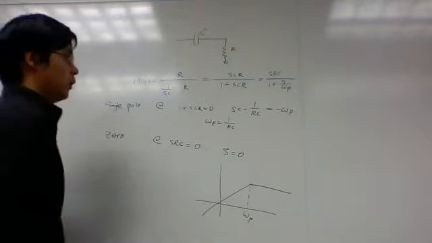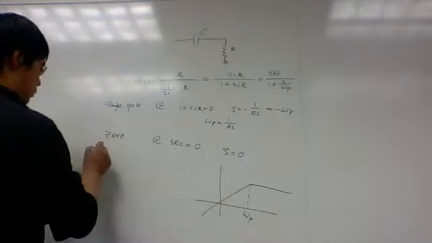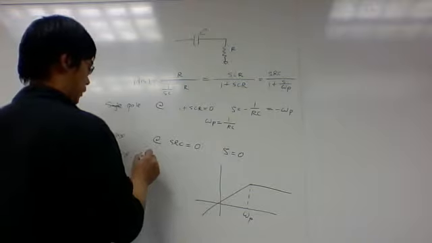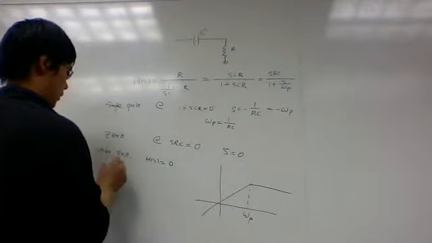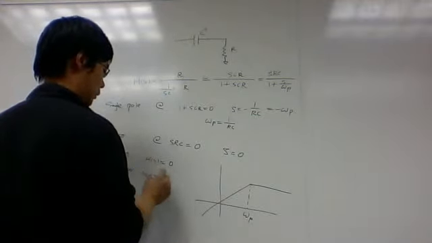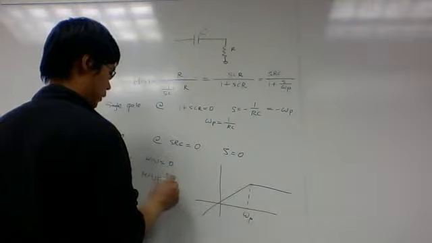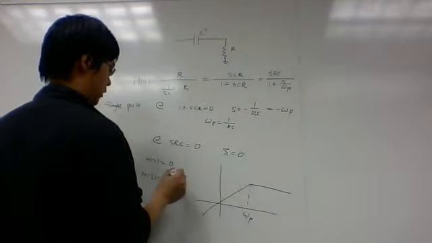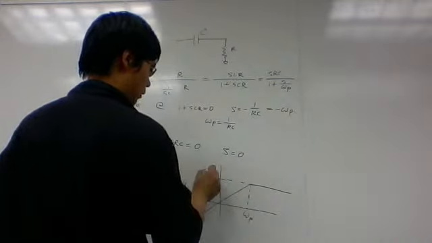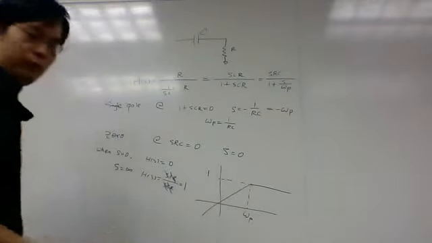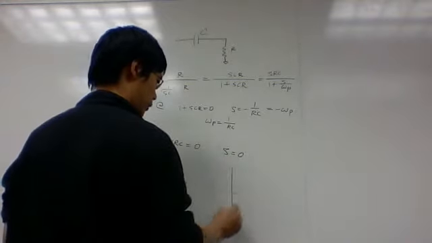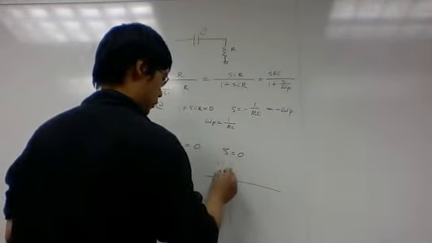When S is 0 or very small, the transfer function is 0, right? And when S is infinite, then you have H of S equal to SCR divided by SCR, so this gets cancelled. Sorry, S is infinite, so that will be 1. If you draw it in the Bode diagram, this will be 0 dB.